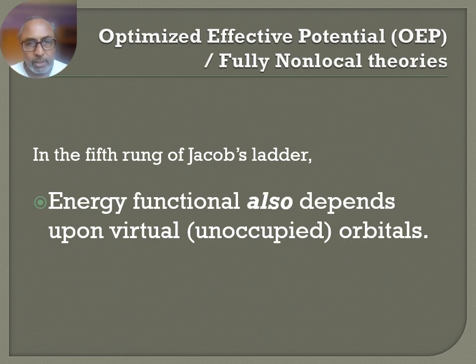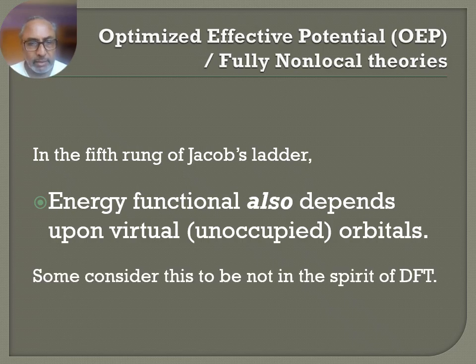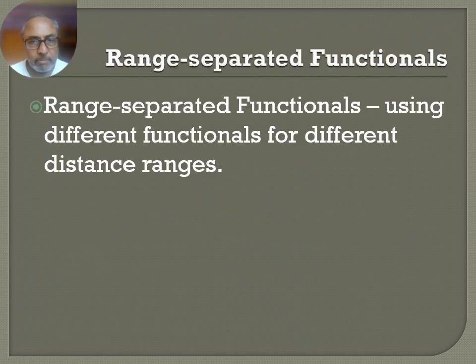In the fifth rung of Jacob's ladder, we have energy functionals which depend upon virtual orbitals. Some researchers consider this to be not truly in the spirit of density functional theory. In range-separated functionals, we use different functionals for different distance ranges. So one functional for the short range and another functional for the long range interactions.